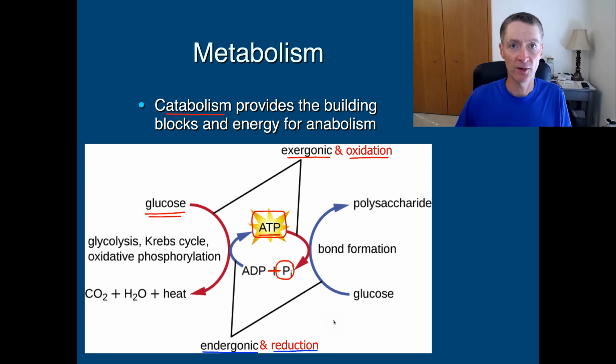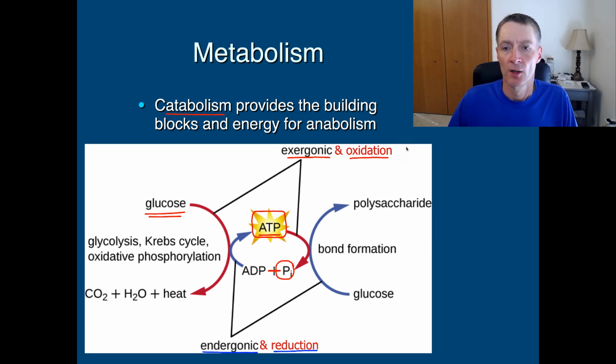Now keep in mind, electrons are moving around here, right? When I break a bond, a covalent bond, there are a couple of electrons involved with that. And those electrons will go into making bonds in another place. So a lot of times they'll talk about oxidation as a loss of electrons.